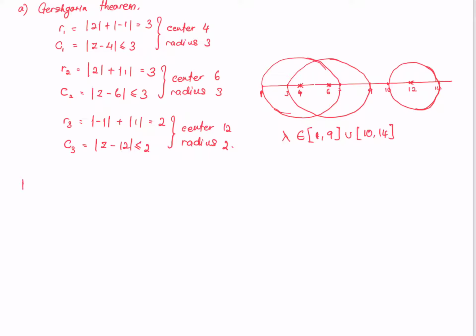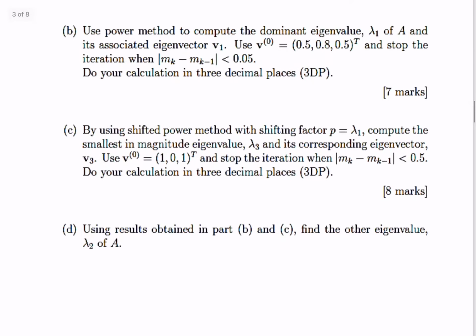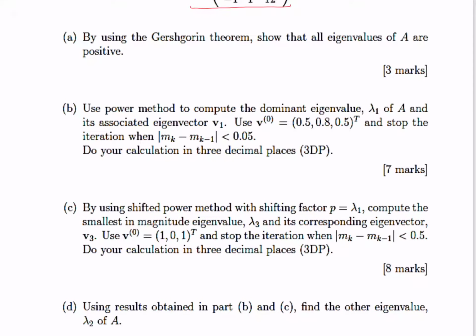For B, we need to use the power method to compute the dominant eigenvalue lambda 1 of the given matrix A and its associated eigenvector V1. And we must use this V0 that is given here, and we must stop our iteration when our epsilon is less than 0.05.